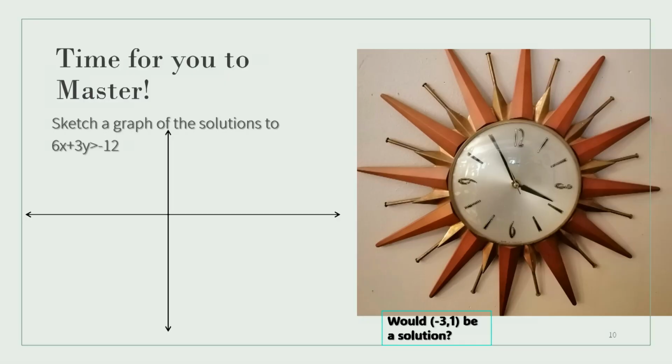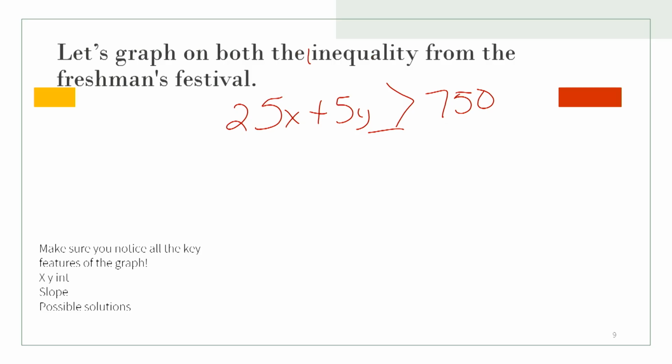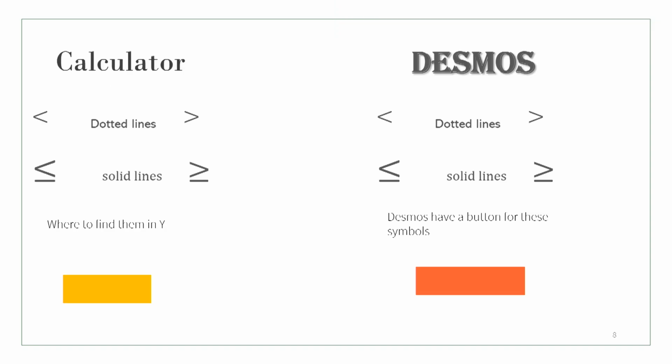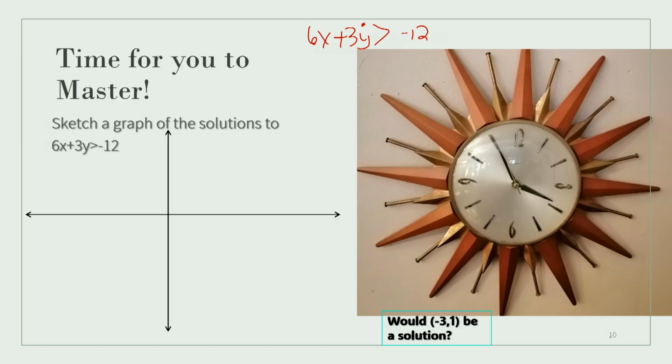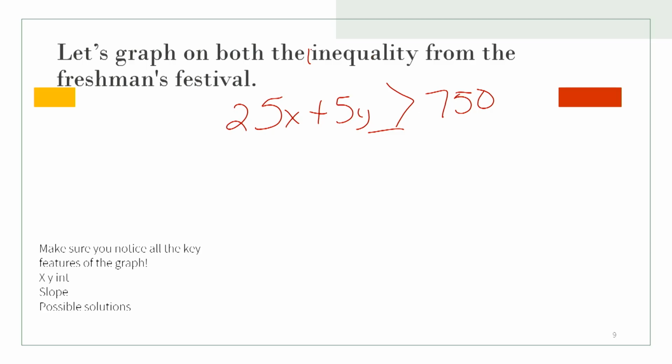First, I want us to sketch the solutions of this inequality. Well, for me to sketch this, I need to go ahead and plug it into y equals mx plus b form. So that means I'm going to get my y by itself. So I'm going to do some calculations over here. So if I've got 6x plus 3y is greater than negative 12, getting y by itself, I am going to subtract my 6x on both sides.